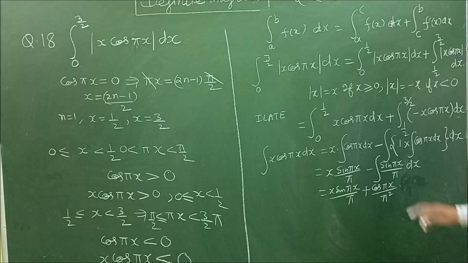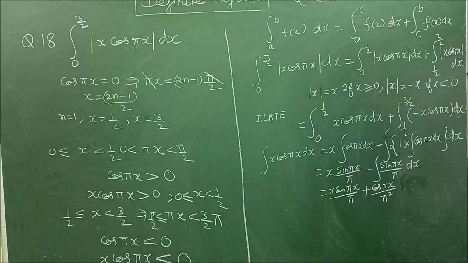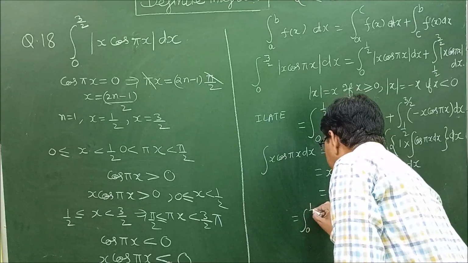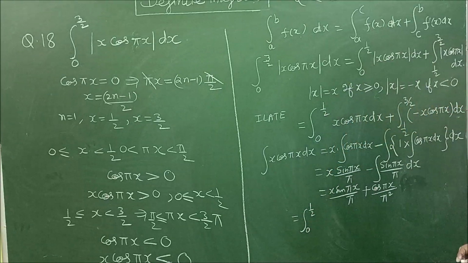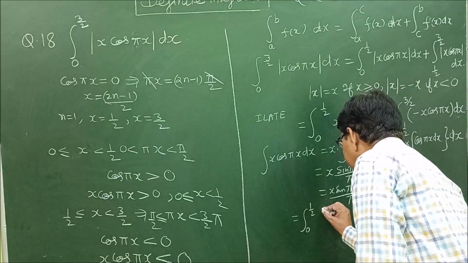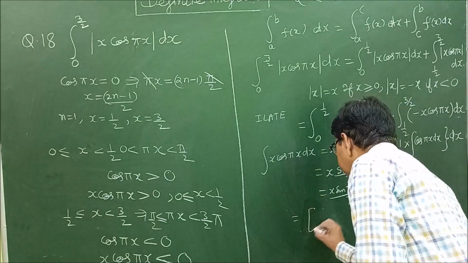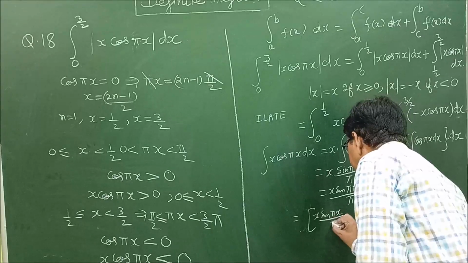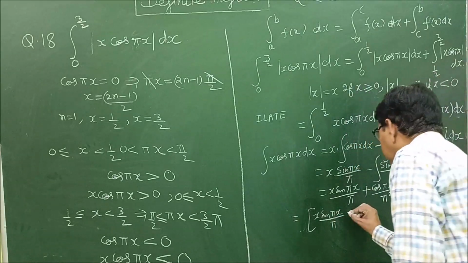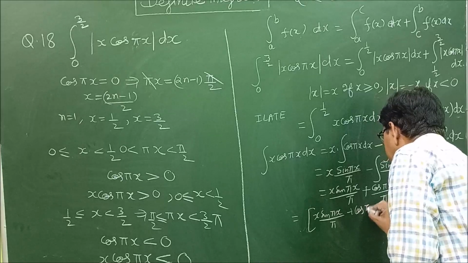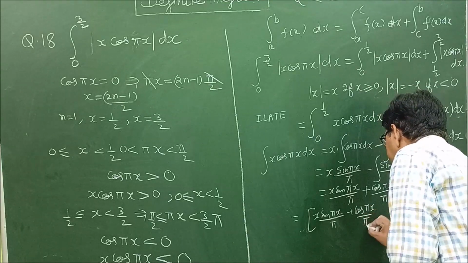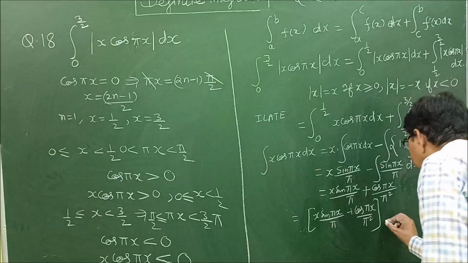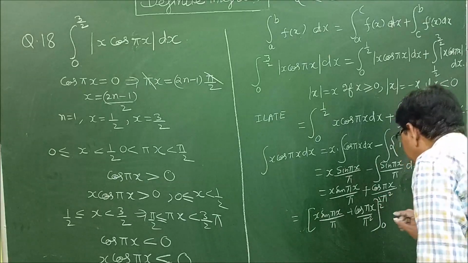Now putting the value here and applying the limits 0 to 1 by 2: x sin pi x upon pi plus cos pi x upon pi square, evaluated within the limits 0 to 1 by 2.